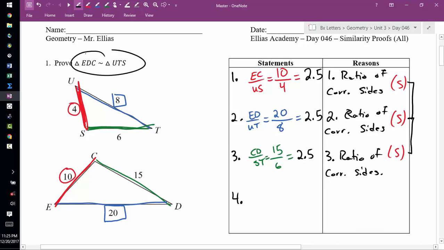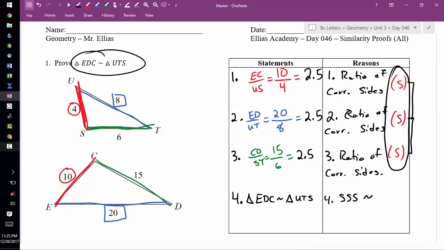I'm allowed to say triangle EDC is similar to triangle UTS. And my reason for that is those facts that I've previously stated. I'm allowed to say that because of side-side-side similarity. I hope that was a good review, and I'll see you in the next one.